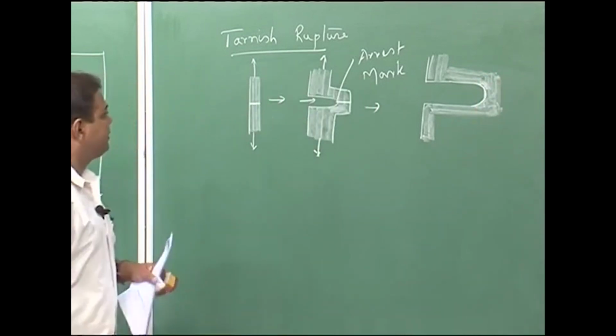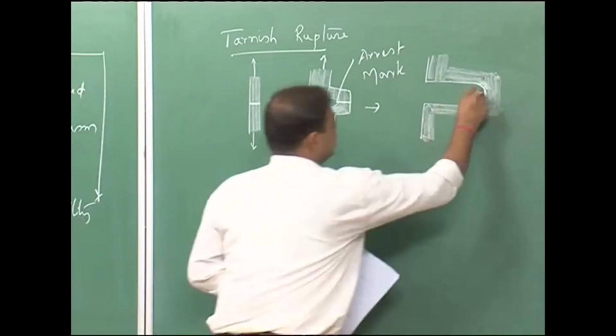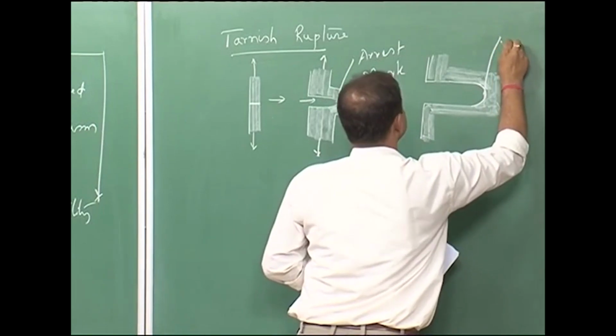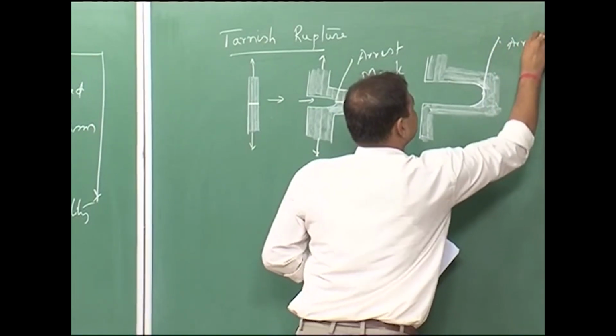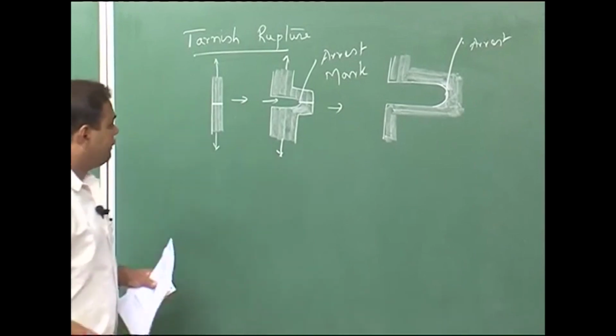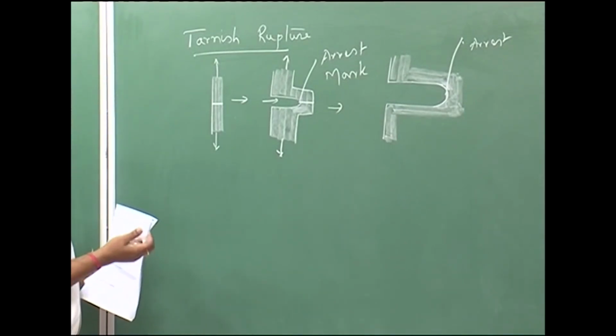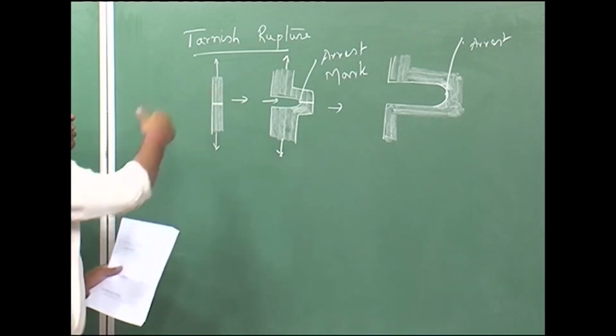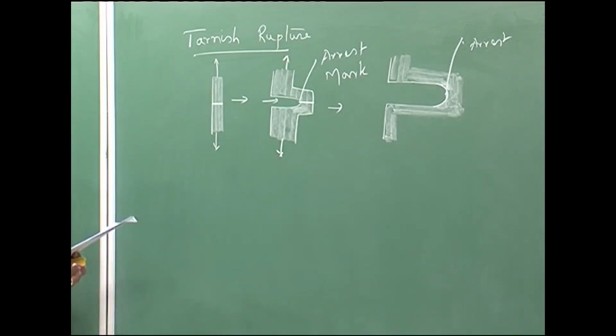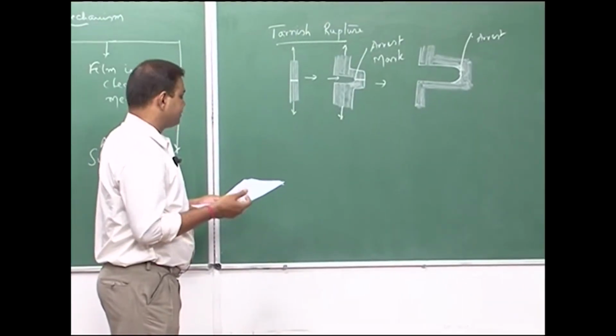Like that way it will grow. Again here you have a crack arrest. So, like that film forms, film breaks, again film forms, like that it will go on. This is basically the film rupture model, with cyclic growth as well as fracture of film.